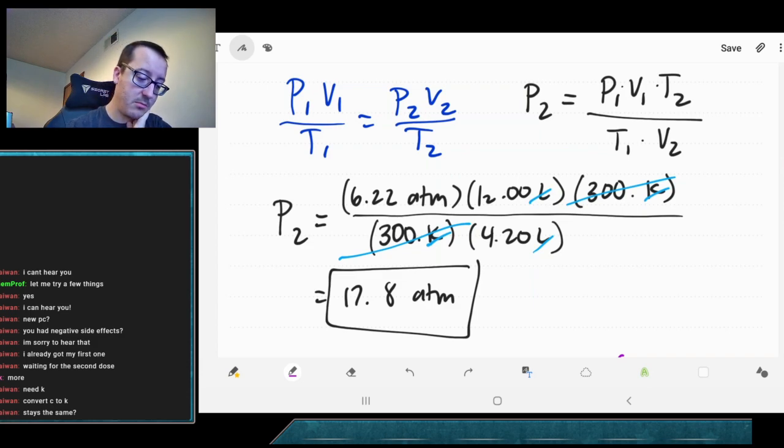And so if we wanted, we could just get rid of the temperature. You are totally allowed to do that. So if that makes it easier for you, go right ahead. Or some students find it easier to just be consistent the whole time and not get rid of them. No problem. It'll all work out. You'll see that they'll cancel out anyway, so there's no more work associated with it.